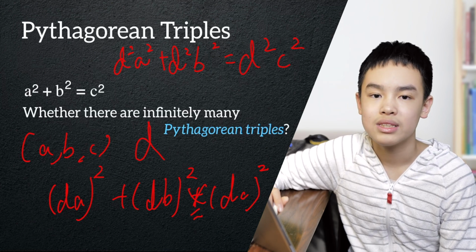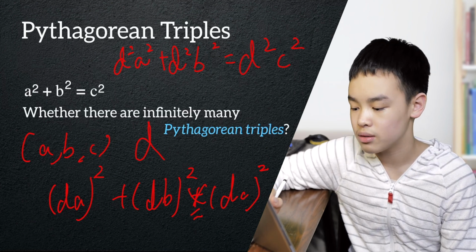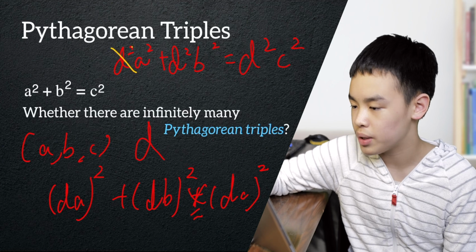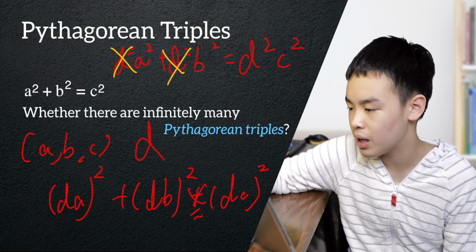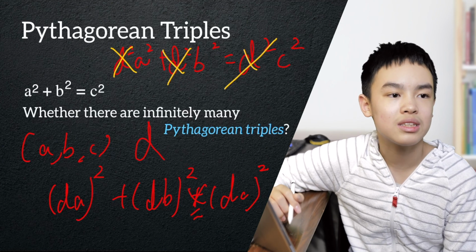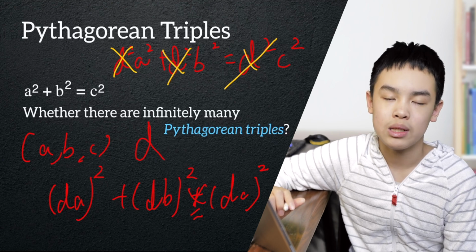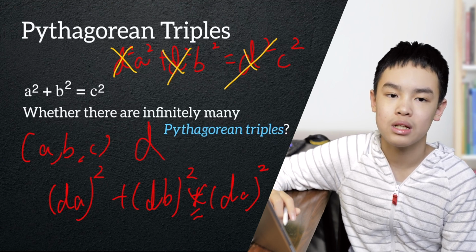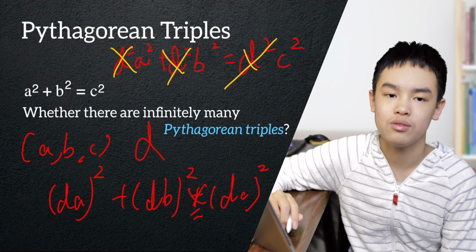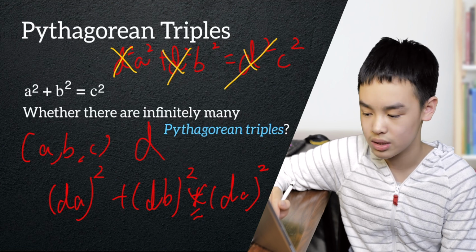We can cancel out those d squared, bye, and it's basically the same. So there are infinitely many Pythagorean triples since there are infinitely many positive integers.